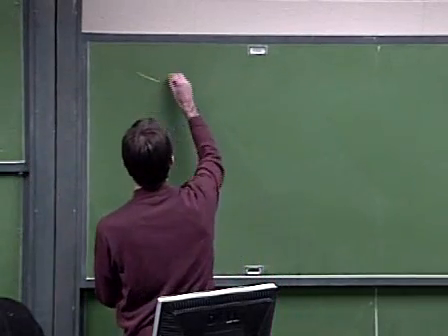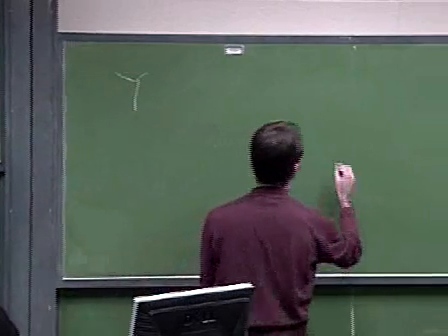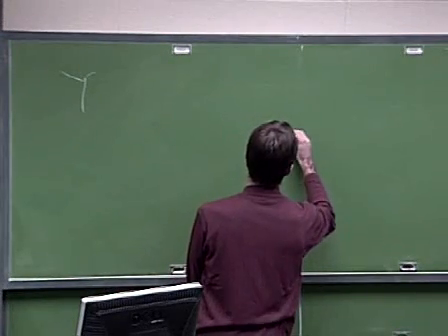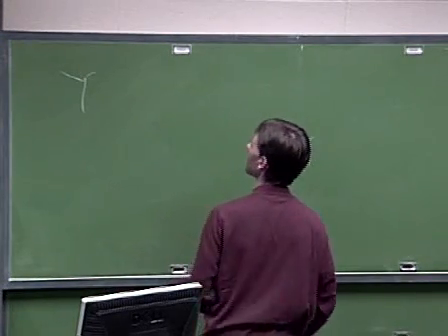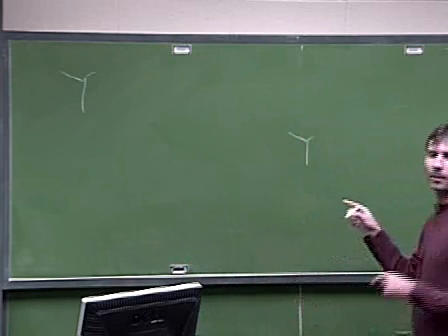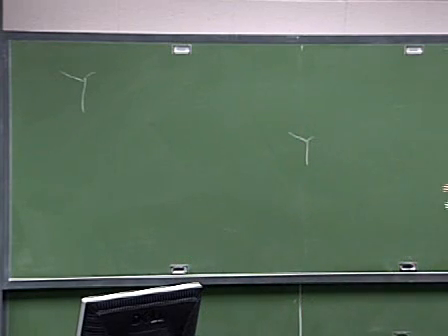Okay, so we have our transmitter over here somewhere. We have our receiver here. And let's imagine we're seeing this from above, like we're flying over and we're on top of the receiver.